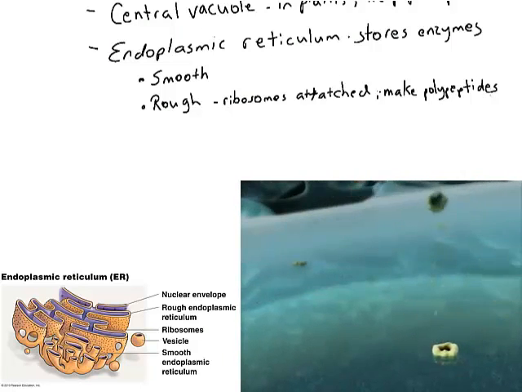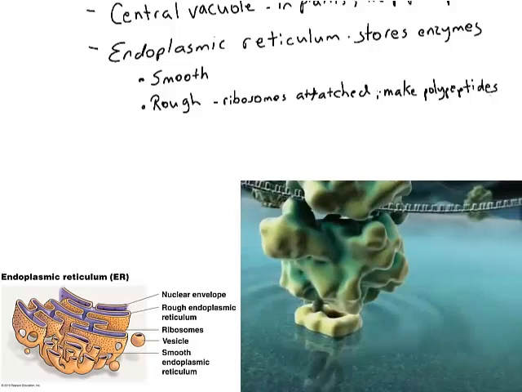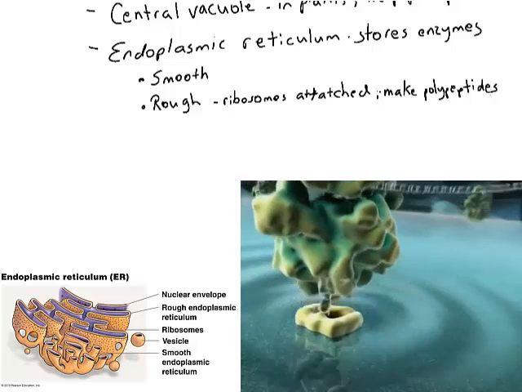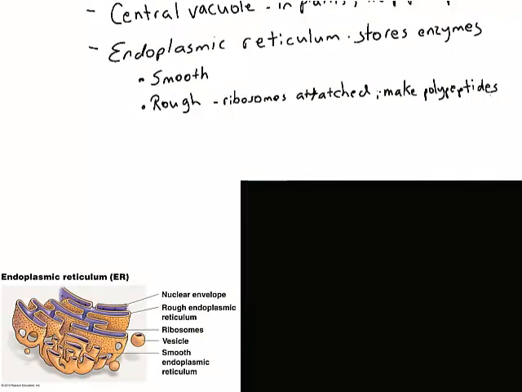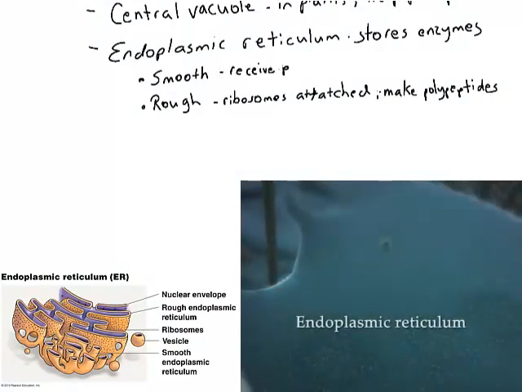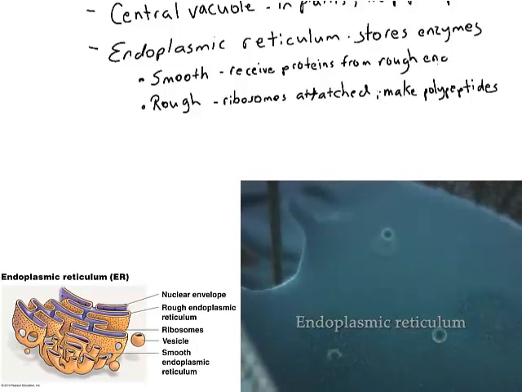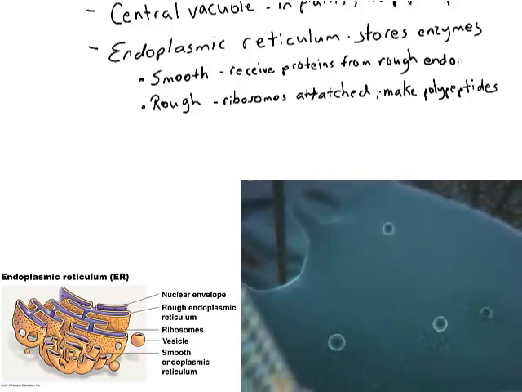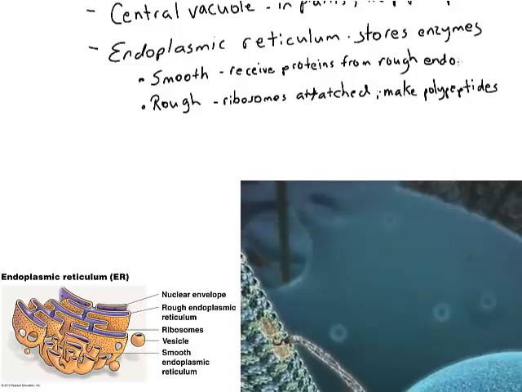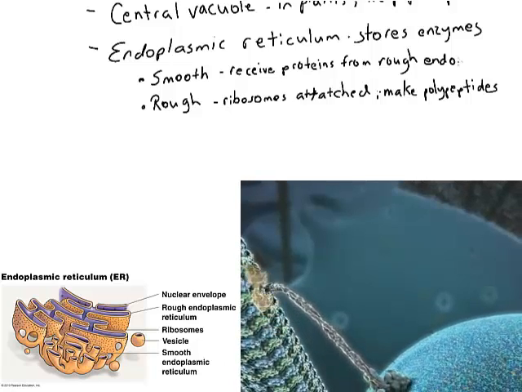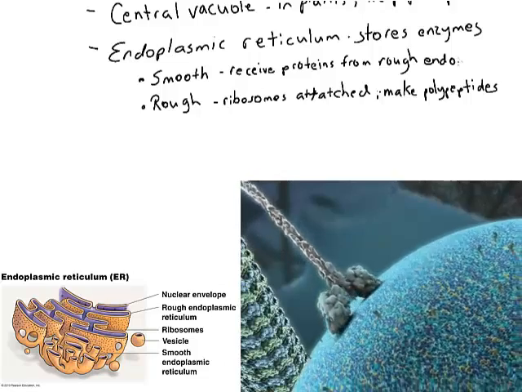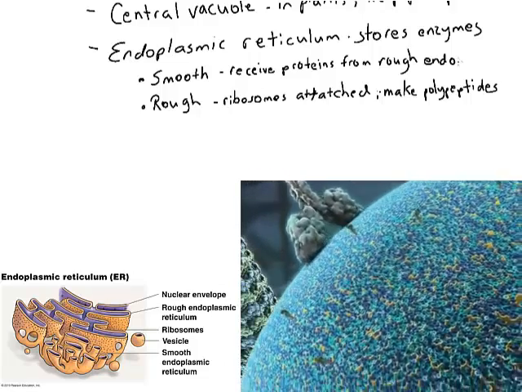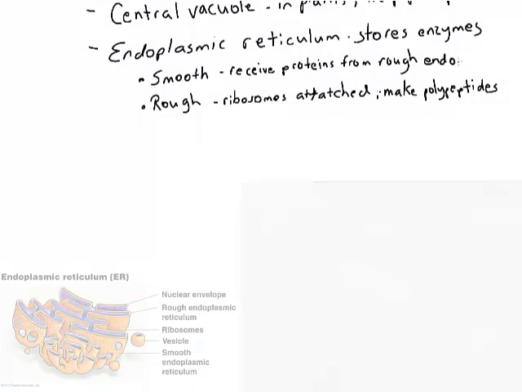Cells that make and store proteins have a lot of rough endoplasmic reticulum. Smooth endoplasmic reticulum do not make their own proteins, but will receive proteins from the rough endoplasmic reticulum, which they will repackage for use elsewhere. Others are enzymes that stay in the endoplasmic reticulum to break down carbohydrates, fatty acids, and some drugs and poisons.